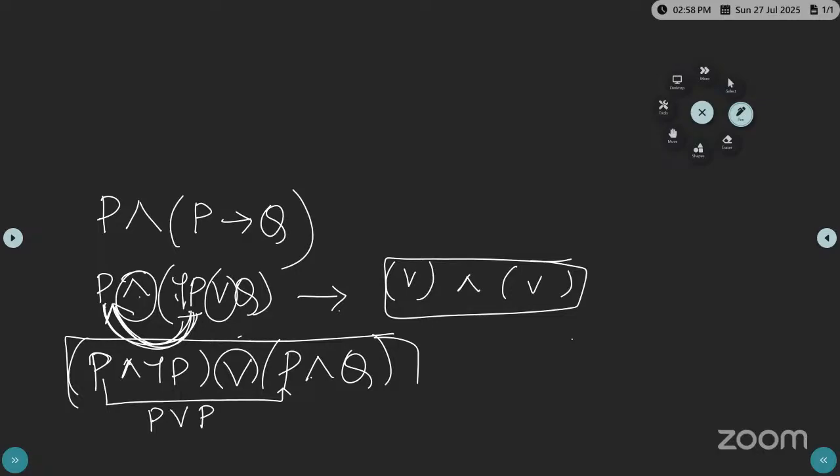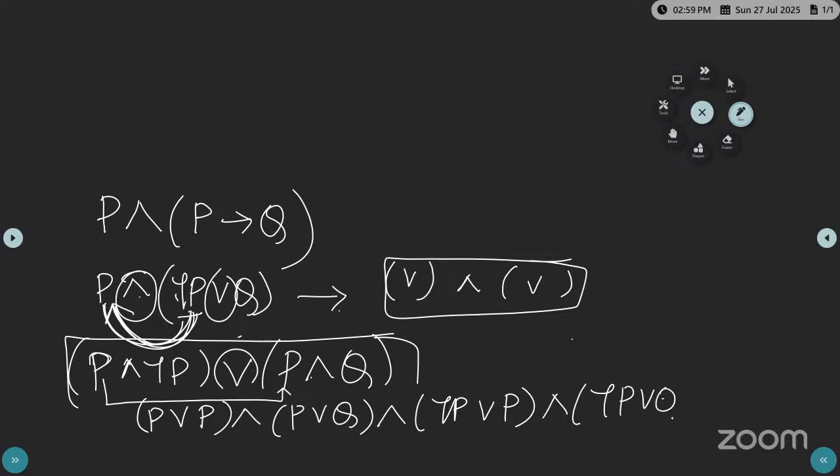Or, P. Next, I am taking this AND: P or Q. Next I am taking the AND, that is, I am distributing now: negation P or P. Next what will I get? And negation P or Q. So you should just see that the variables are not repeated. Clear?